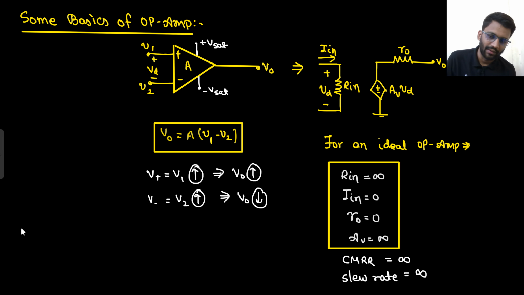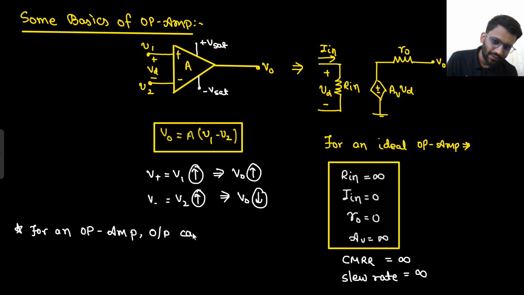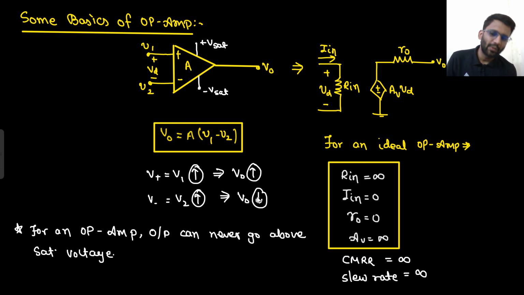This note I am going to write. This is a very important point for an op-amp: output can never go above saturation voltage. The maximum output you can have is that saturation voltage only. You cannot have more than plus Vsat output, and you cannot have below minus Vsat as well.